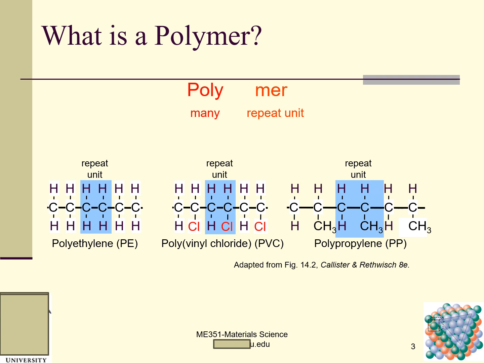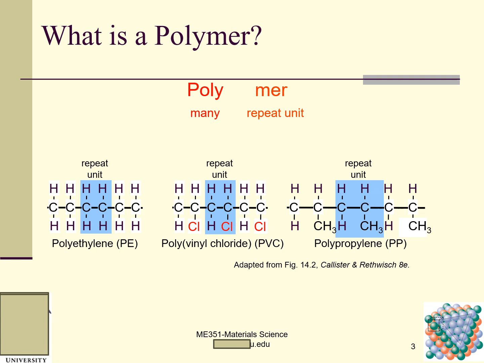Similarly, for this repeat unit, if we have H, C, C, now one H is replaced by a chlorine atom. This forms a new repeat unit, and this repeat unit is polyvinyl chloride, so this is PVC.